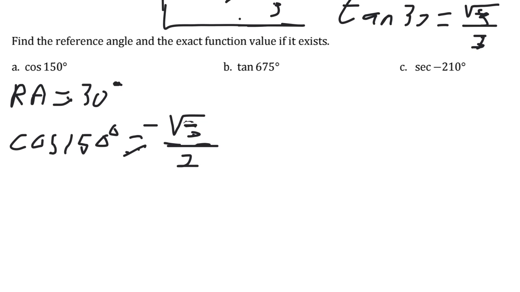So cosine is negative. Remember, sine and cosecant reciprocal is also positive.